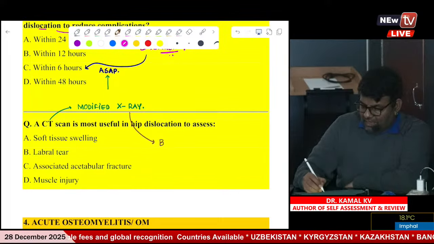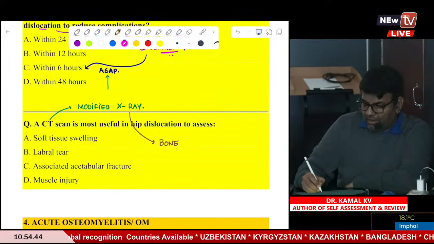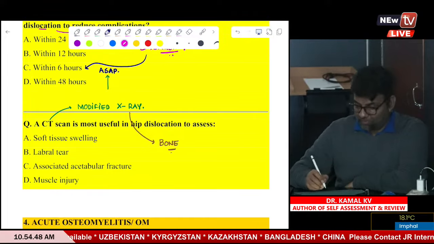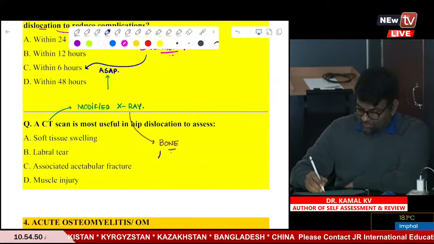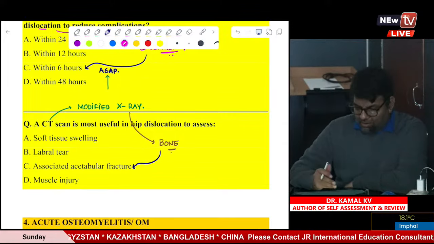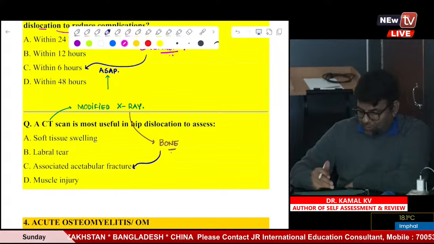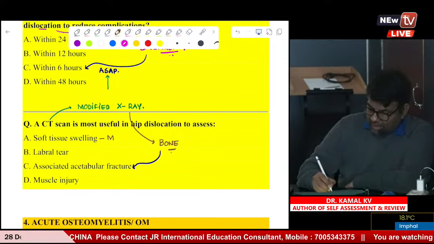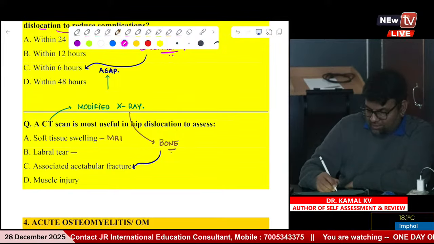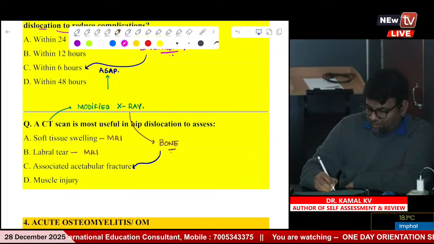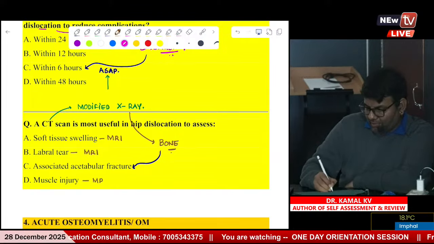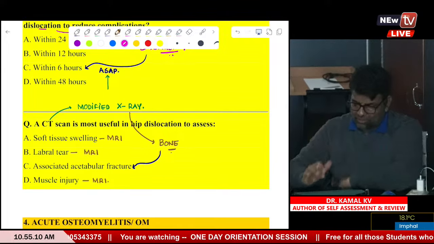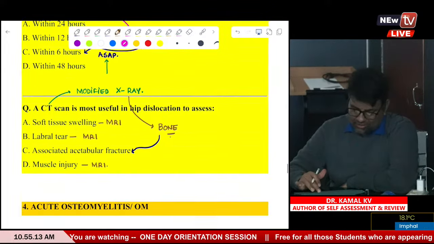We always see bone in a better manner on X-ray. So what will be your answer here now? Very good. So the only bony option is acetabular fracture. See, for soft tissue, MRI. Labral tear is soft tissue, MRI. Muscle is soft tissue, so MRI. So for all soft tissue, X-ray and CT scan are of no use. It is only good for bony fractures.